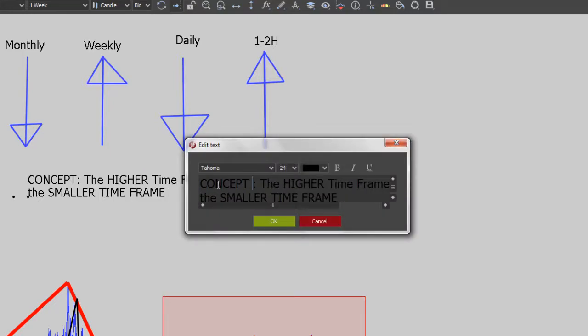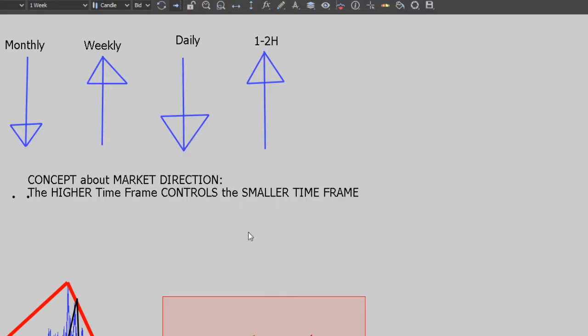Concept about market direction. The higher time frame controls the smaller time frame. Okay, let's see if we got it.